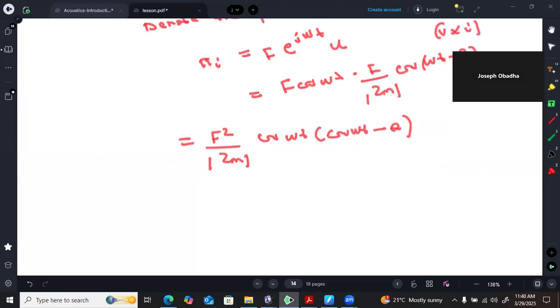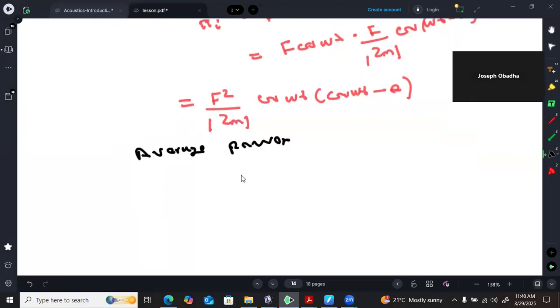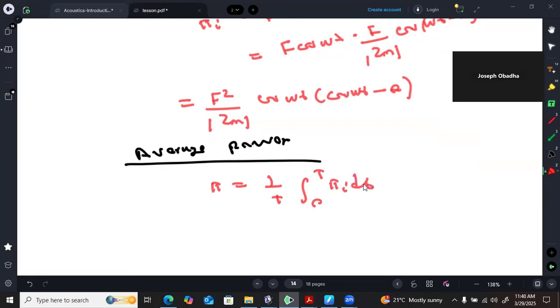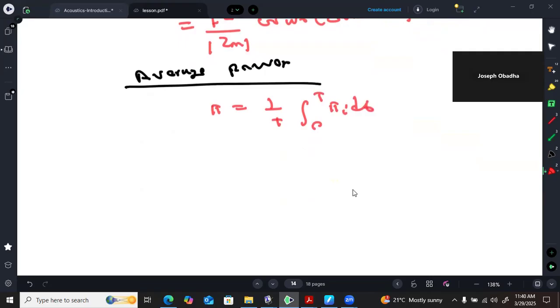So you can talk of the average power. The average power will be given by p equal to 1 over T, the integral from 0 to T, of p_i dt. That is getting the power in one cycle, which we already have there.